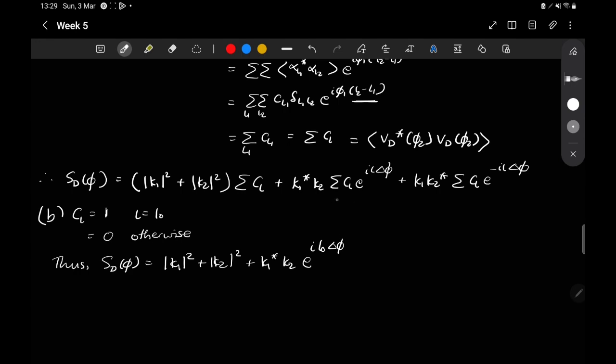This summation will also pick out the value only at L equals L naught. Same for this summation, it picks out the value at L equals L naught.